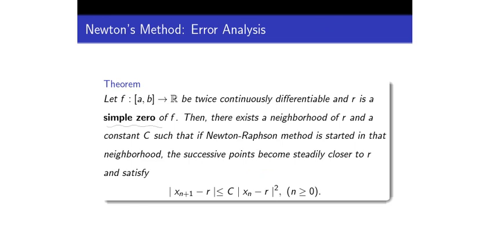Then there exists a neighborhood of R and a constant C such that if the Newton-Raphson method is started in that neighborhood, the successive points become steadily closer to R and satisfy the following. So it's very simple here. We have already shown this in a previous way, however we can discuss it with the help of this functional iteration. Okay, let us see this.